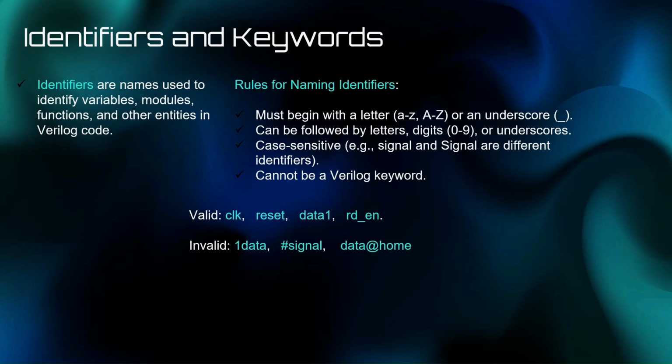These are invalid because they either start with a digit, contain special characters, or do not follow the proper naming rules. To be valid, an identifier must start with a letter or an underscore and can include letters, digits, or underscores, but not special characters or digits at the beginning.